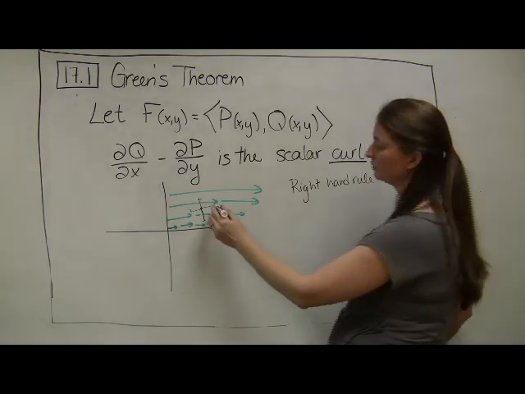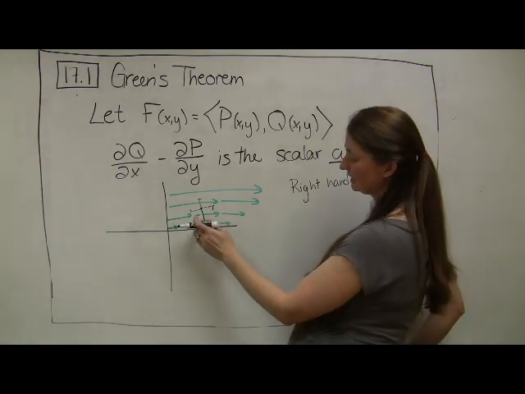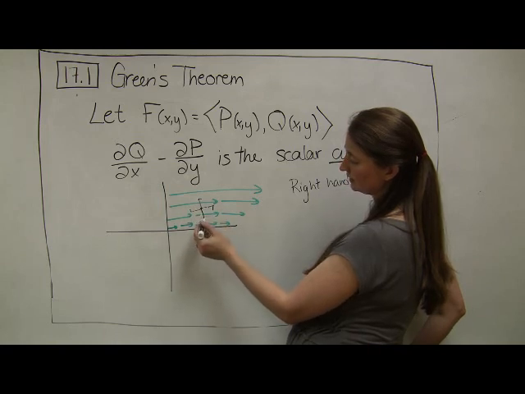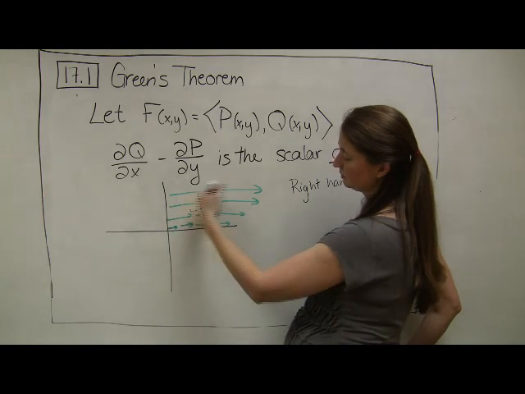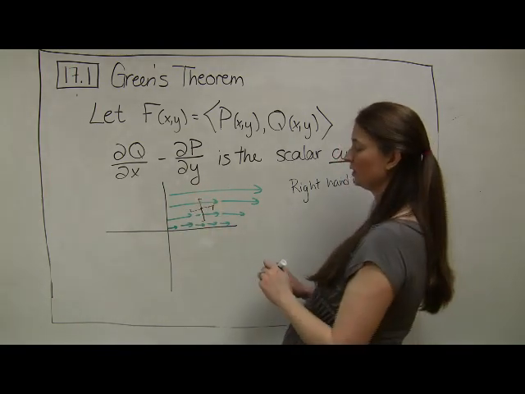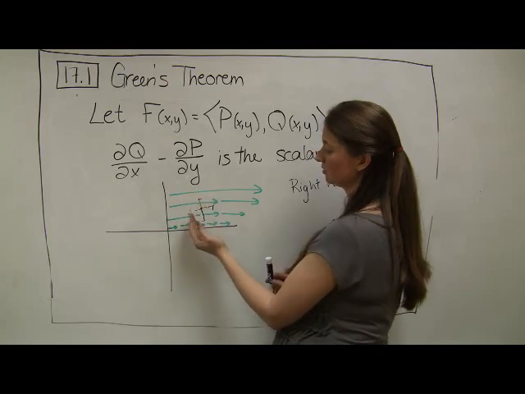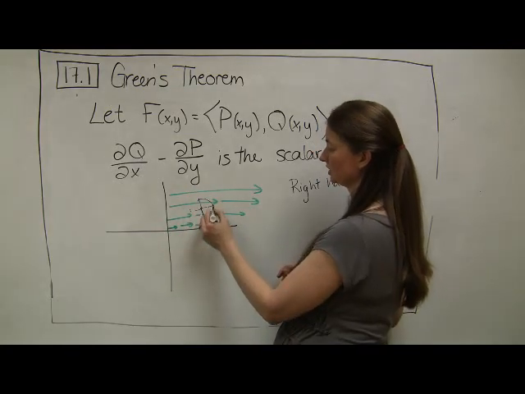So looking at this pinwheel, we would say that it has these tiny little pushes along the bottom because these vectors are little tiny vectors pushing, whereas it has these big vectors pushing along the top. And so our pinwheel is going to want to spin in a clockwise direction.